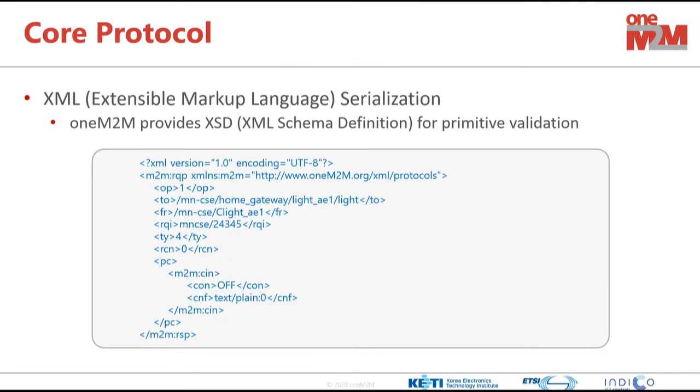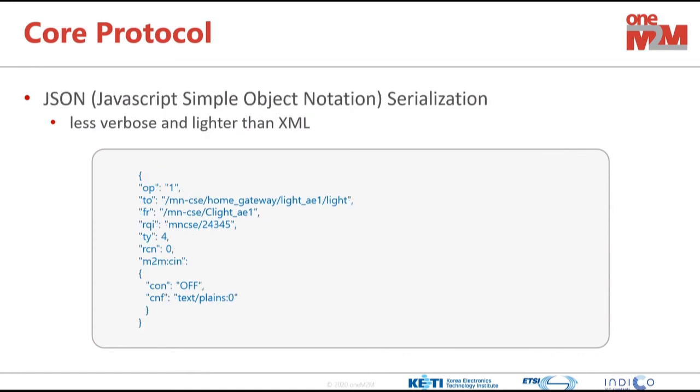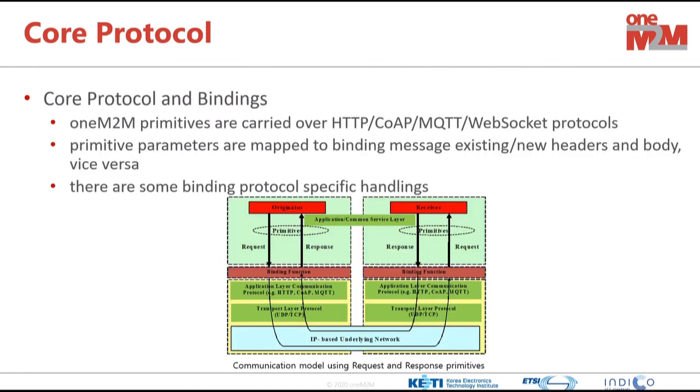Firstly, the core protocol: in oneM2M, TS-0004 is the core protocol specification, and the protocol covers the format, or in other words serialization, like XML, JSON, CBOR, and also the core protocol defines all the error codes, error handling, and short names. Like I said, container has a short name like CNT, something like that.